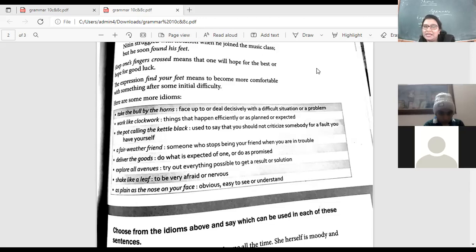Can you make a sentence now? The pot calling the kettle black. The pot is black, and it's calling the kettle also black. Both are kept on the stove. They turn black with a period of time, but one is blaming the other. Can you make a sentence using this? Yes.